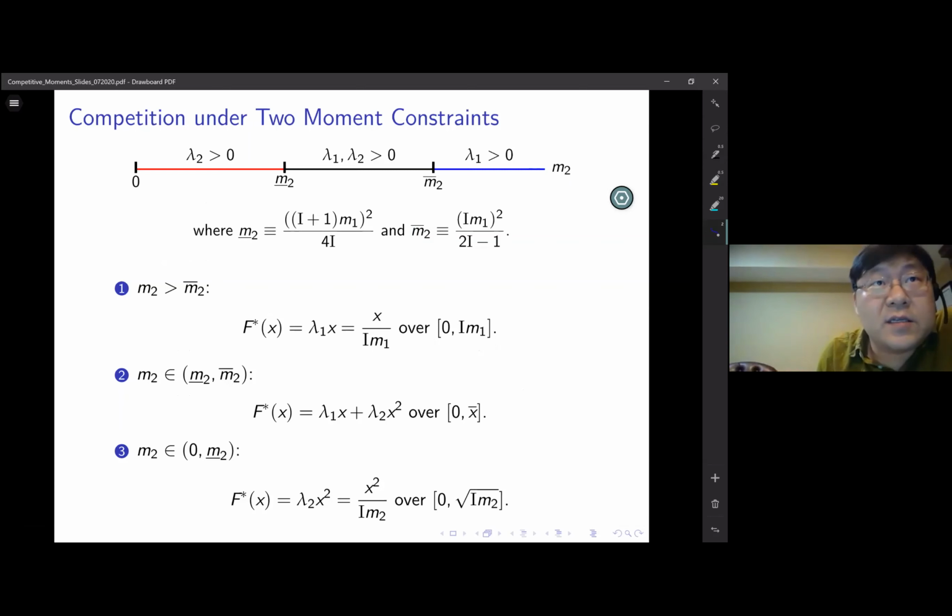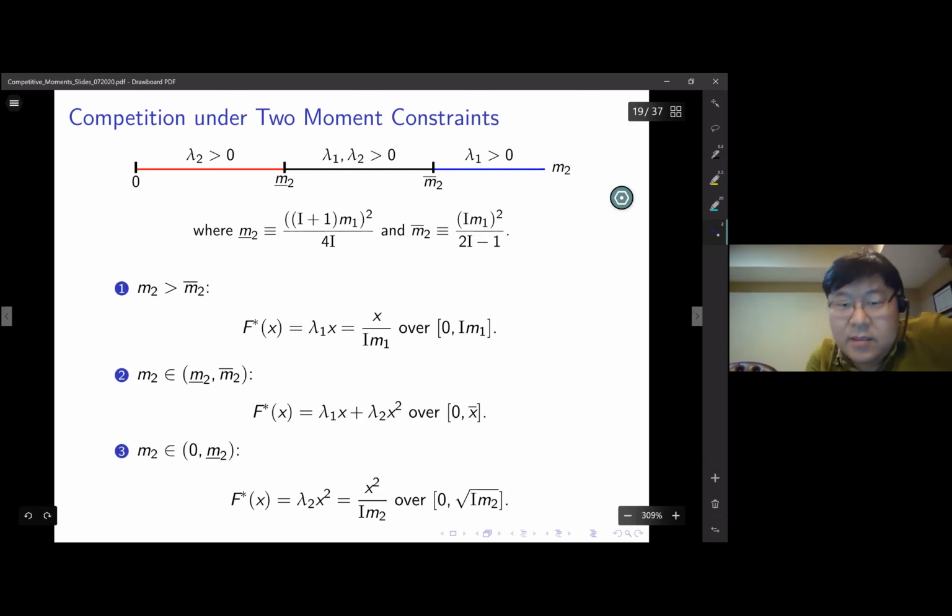And this is the first case I talked about. So there's a typo, all of these guys need to be f star to the I minus 1. So this was the case where f star to the I minus 1 must be linear.